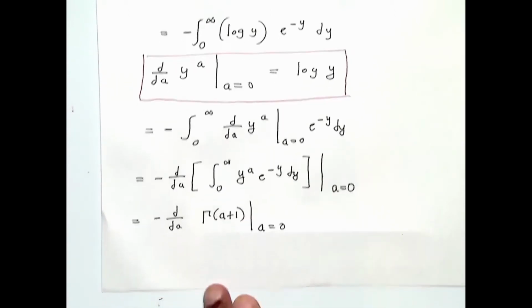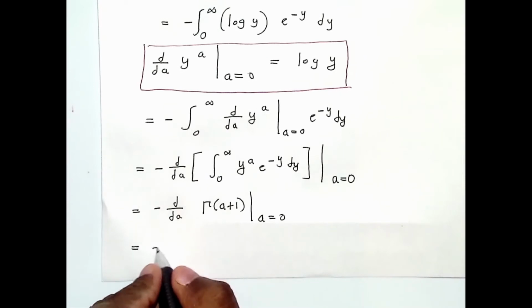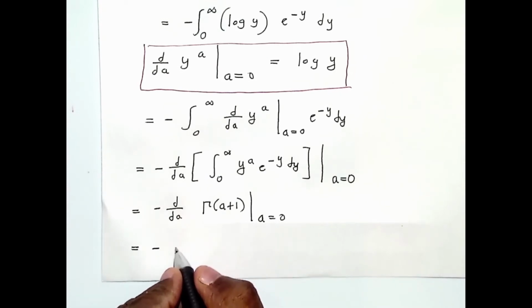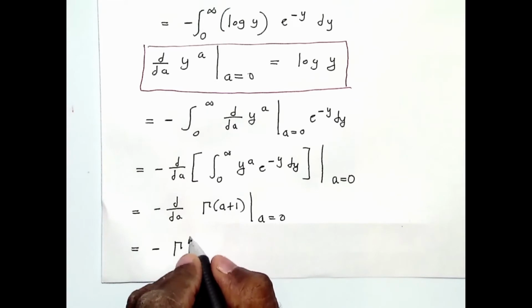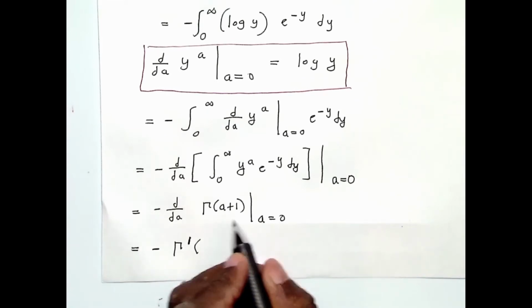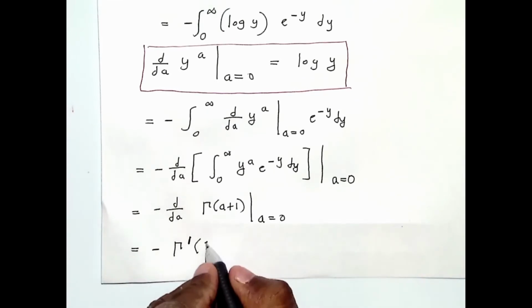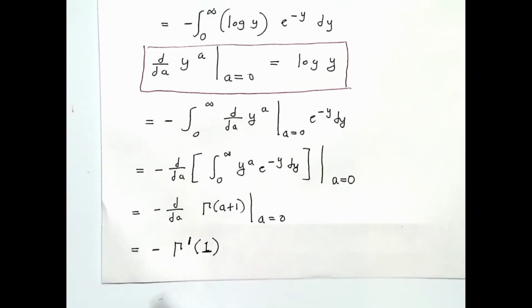So this becomes minus the derivative of the gamma function at a plus 1, at a equal to 0, so it is at 1. So this is the answer to the mean of the Gumbel distribution: it's minus the derivative of the gamma function at 1. That's only the first part of question 2.